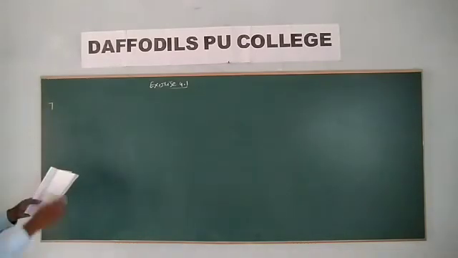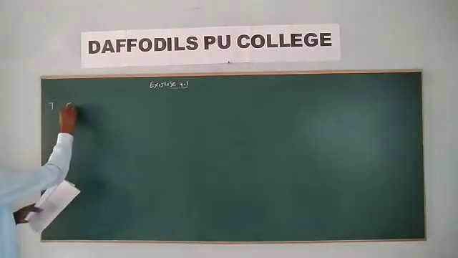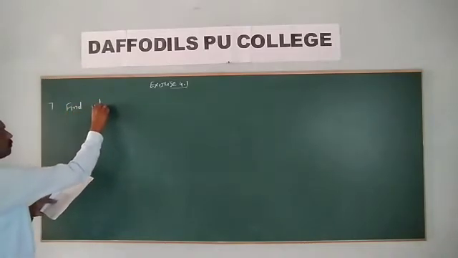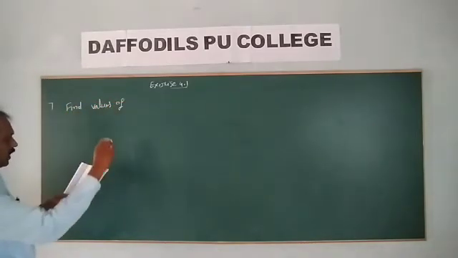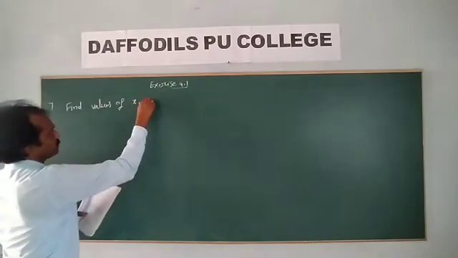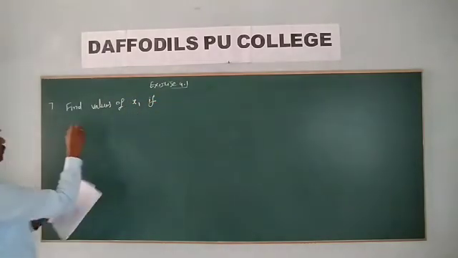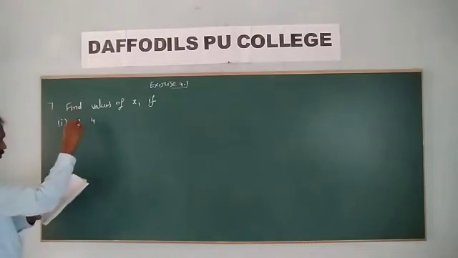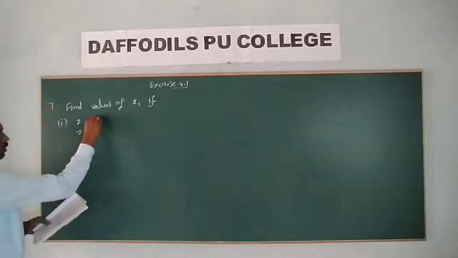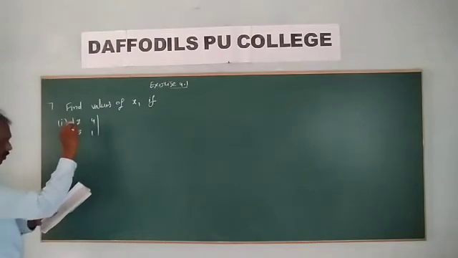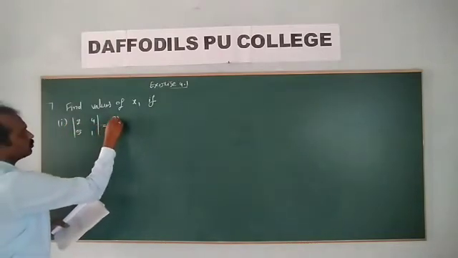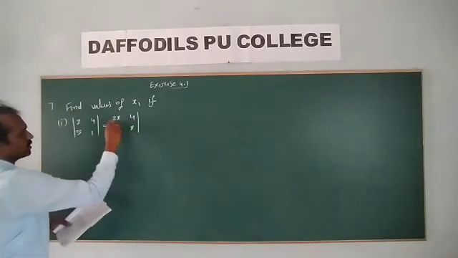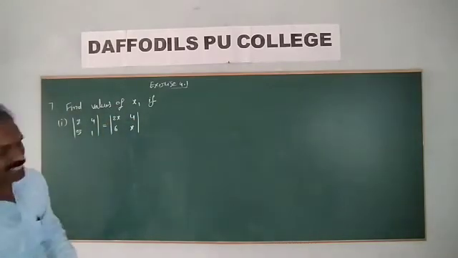Seventh question: find the values of x if the determinant 2, 4; 5, 1 is equal to the determinant 2x, 4; 6, x.